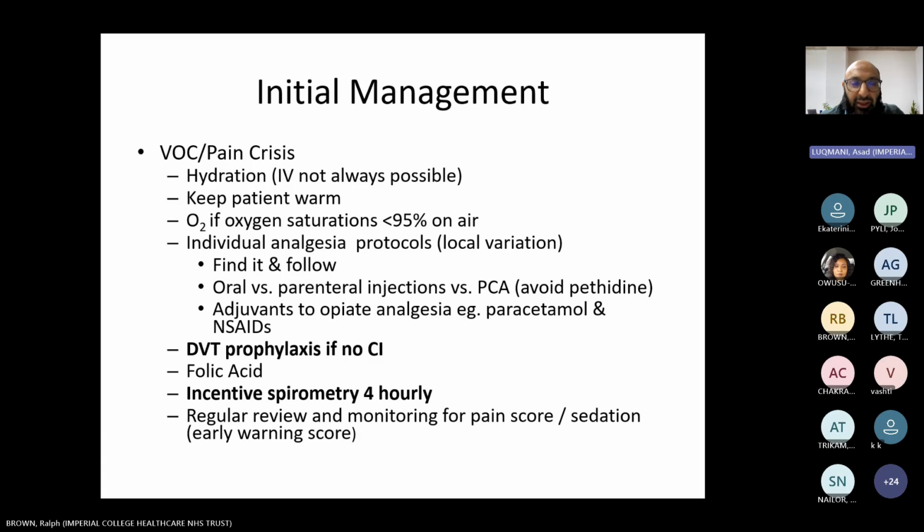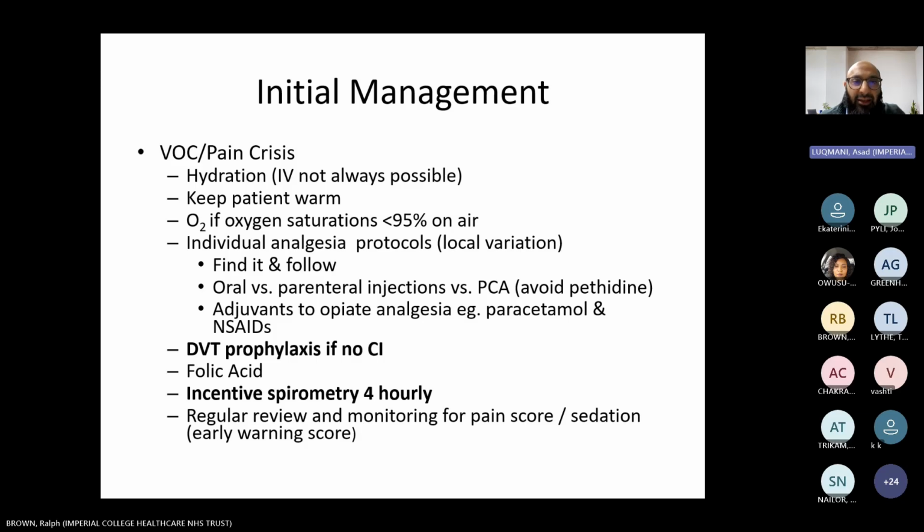Invariably, these patients will need strong opioid analgesia when they present. Most patients should have some form of individualized protocol which should be followed, and where there isn't an individualized protocol, then refer to local guidelines for generic protocols of what opioids to use.